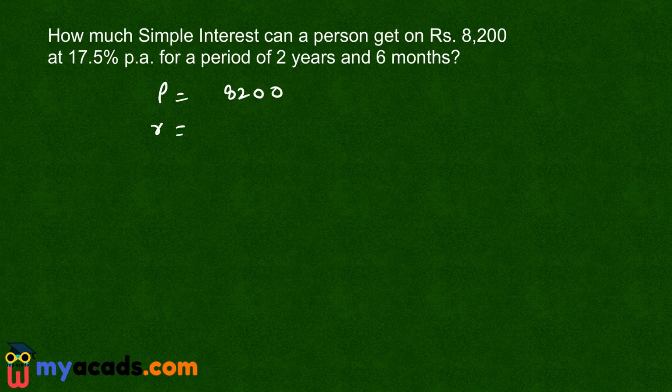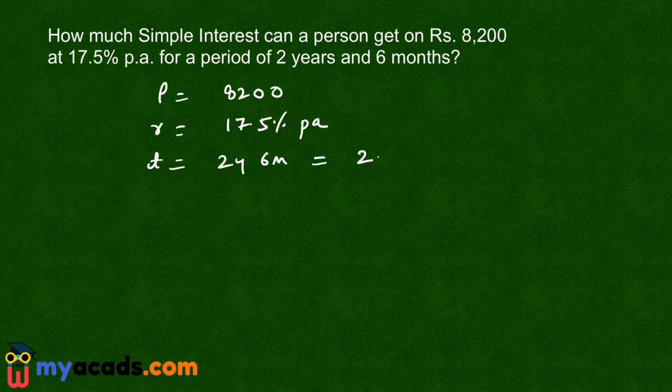The rate of interest is 17.5% per annum, and the time period T is 2 years and 6 months. So I will convert this into years. So 2 years plus 6 by 12, that is 2 plus 1 by 2, which is 5 by 2 years.